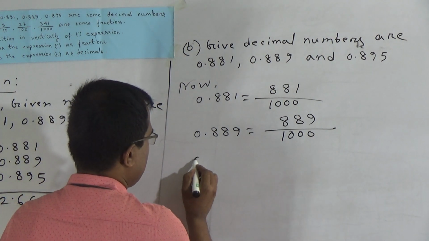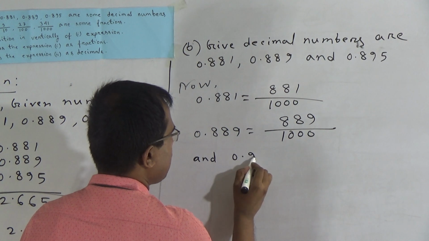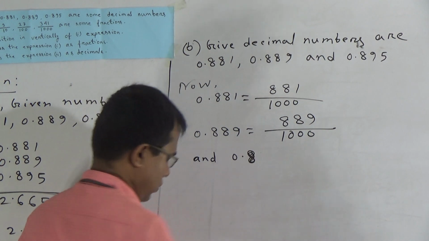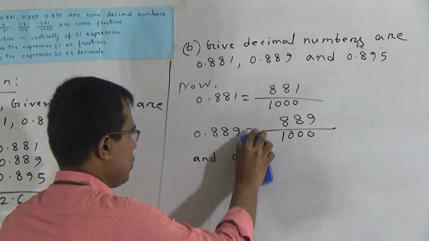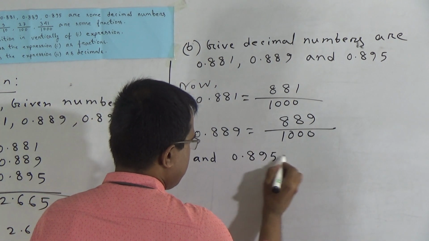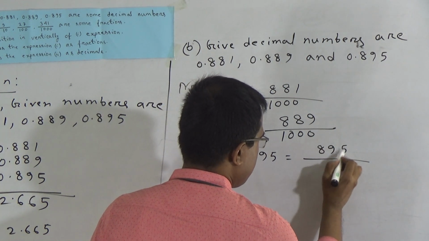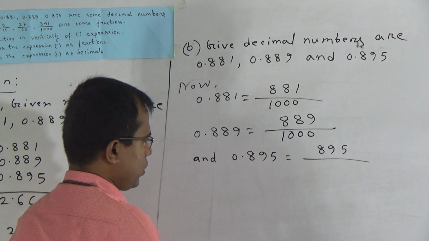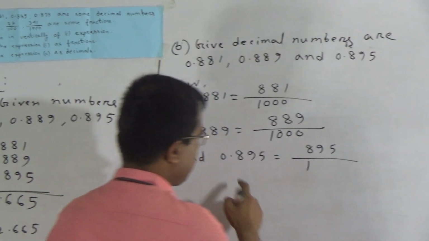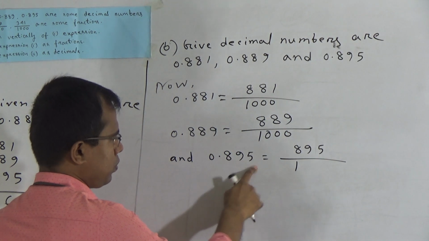Now, 0.895 is equal to, we have to write 895 as numerator, and in the denominator we have to give 1 at first and then have to give 3 zeros, because after the decimal sign here 3 places exist, 1, 2, 3.